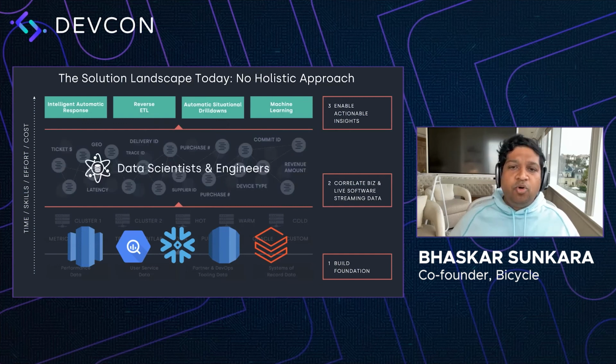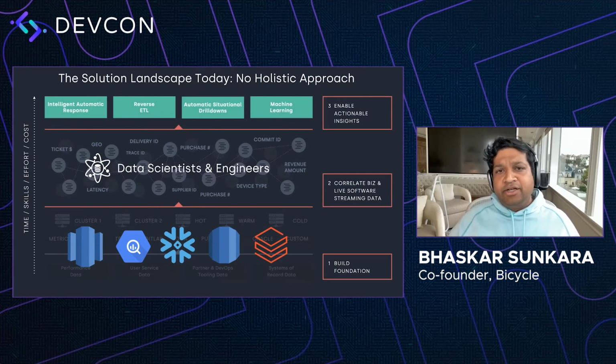And then you go a layer higher above that. There's a lot of complexity in binding all of this together. You basically need data scientists, and you have the data engineering team that puts all this together, and it's a lot of effort and a lot of investment from the companies.